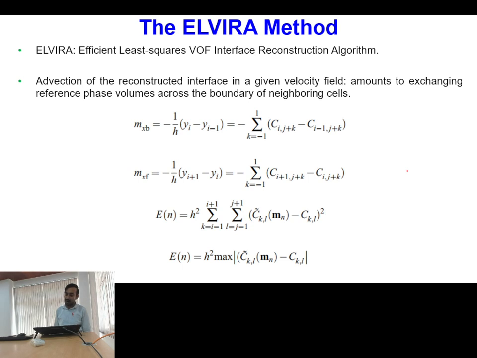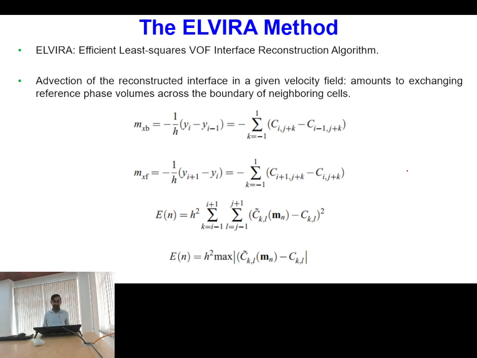The efficient least squares volume of fluid interface reconstruction algorithm, the ELVIRA method. So what the ELVIRA method does: in the column-centered approach, we chose the minimum value of the slope. ELVIRA provides us with a large number of options for the slope.